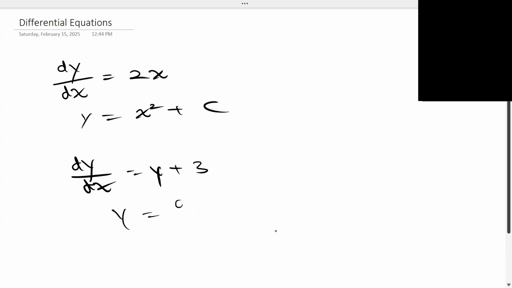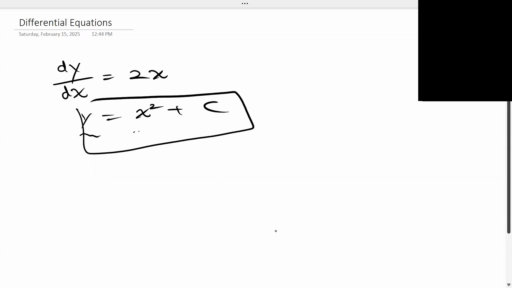If you recall from the last video, the goal is to find y as a function of x. So just like the answer above here, you want y equals something something x and a constant.